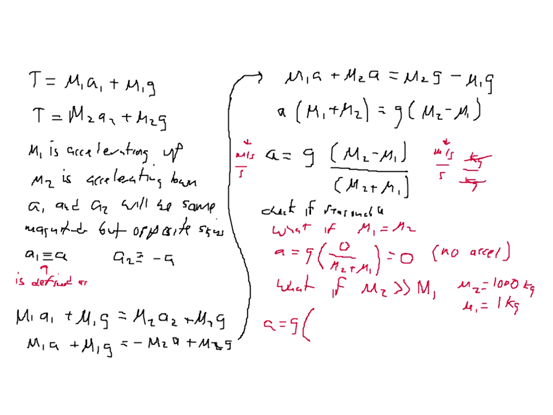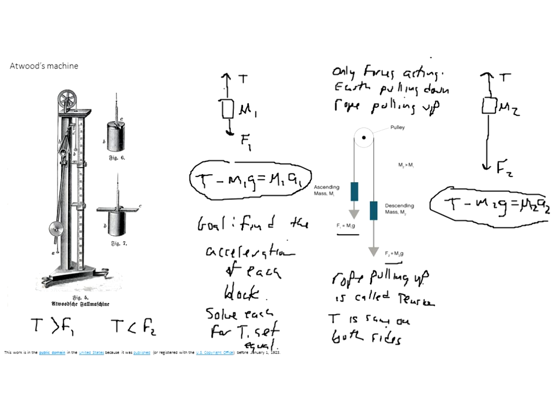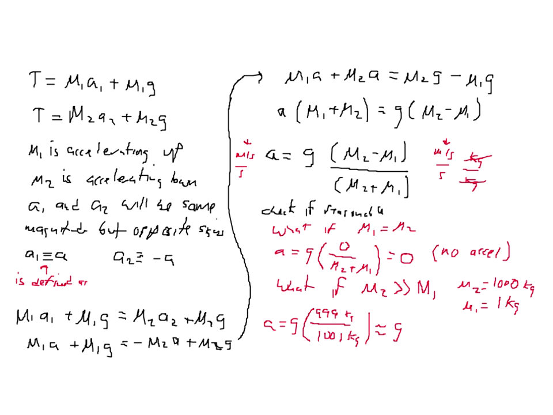Well, then we're going to get A equals G times M2 minus M1, that's going to be 999, over M2 plus M1, that's going to be 1,001 kilograms. So that is almost exactly equal to G. And that makes sense too. If this one is really, really large, then this other one's not going to be affecting the falling rate much at all.